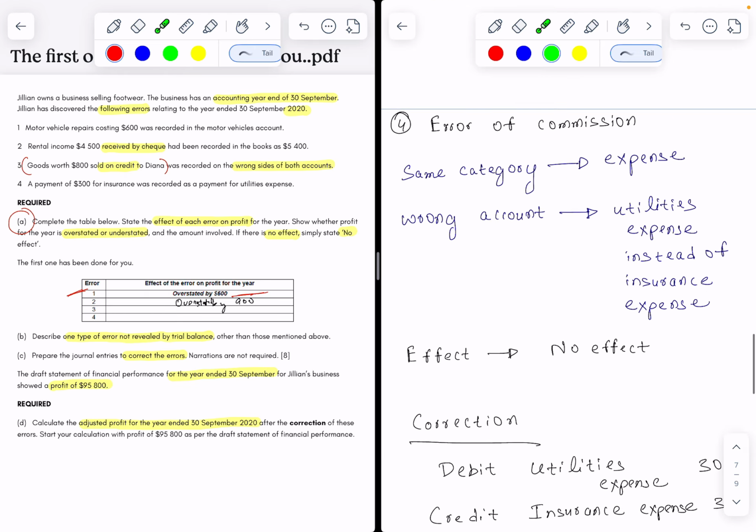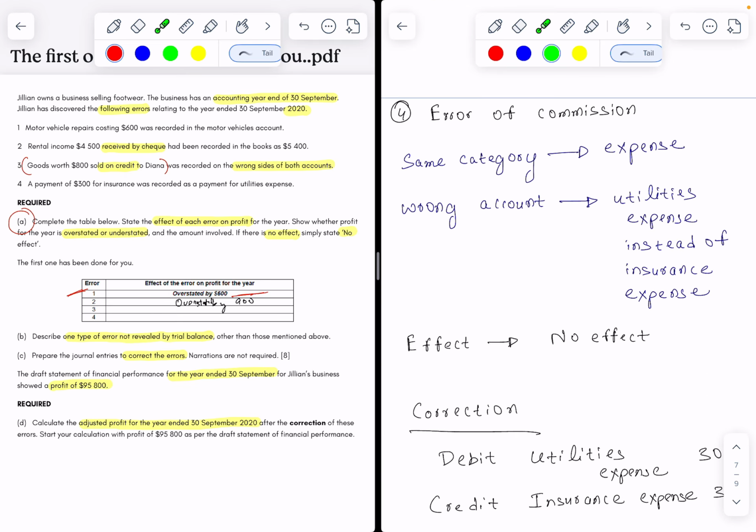All right, so now let's look into the fourth error. Payment for $300 for insurance recorded as a payment for utilities expense. So this is what we can classify as an error of commission, where the same categories are involved but the wrong accounts have been used. So what do we understand by the same categories?